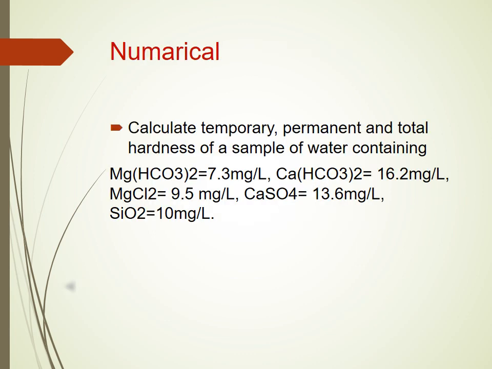Now see one numerical: calculate the temporary, permanent and total hardness of a sample of water containing Mg(HCO3)2 7.3 milligrams per liter, Ca(HCO3)2 16.2 milligrams per liter, magnesium chloride 9.5 milligrams per liter, CaSO4 13.6 milligrams per liter, SiO2 10 milligrams per liter and sodium chloride 7 milligrams per liter.